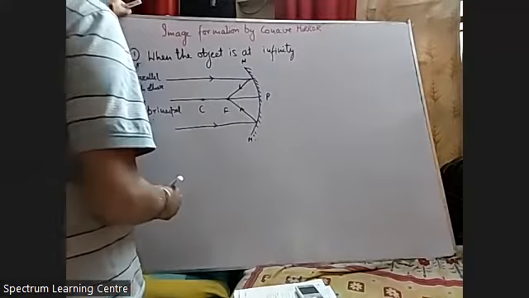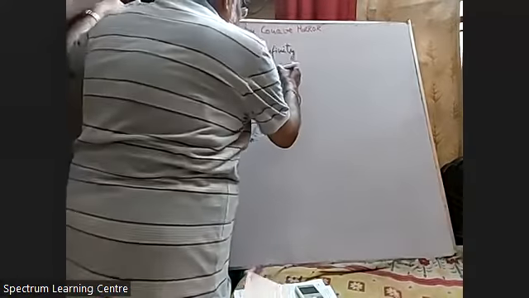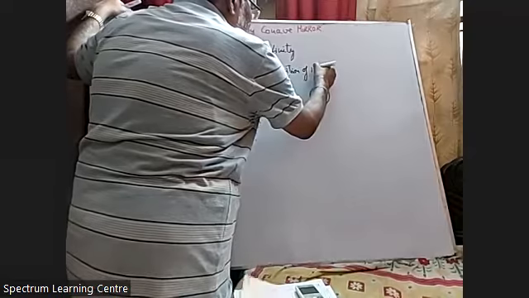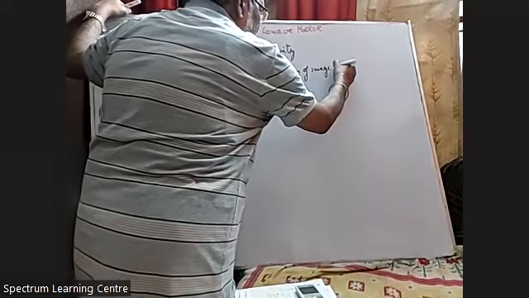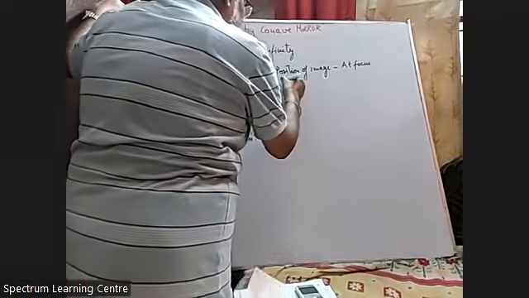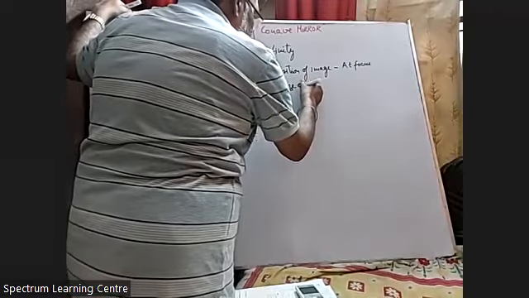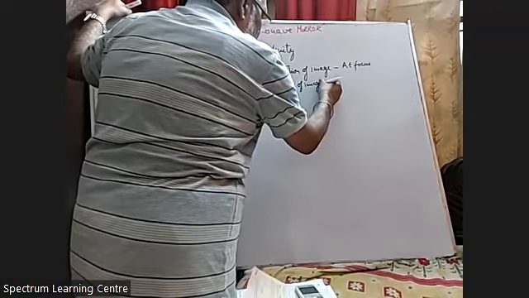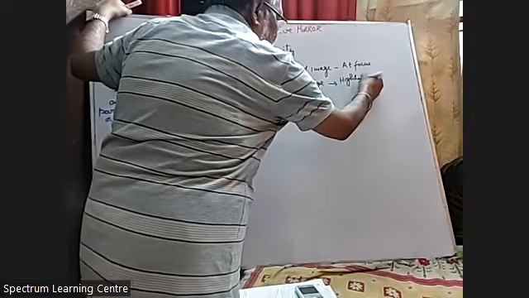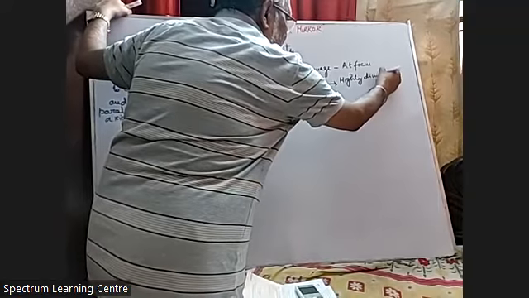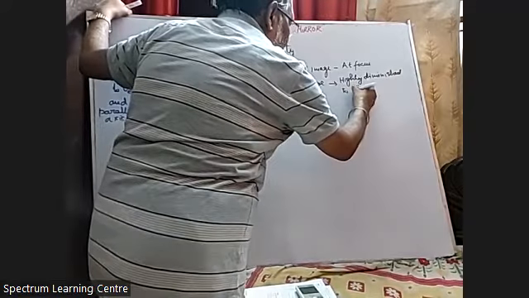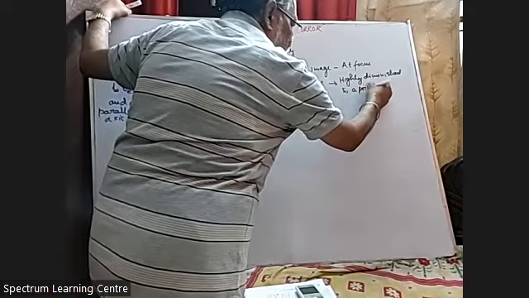Now you can see, position of image: it is at focus. Size of image: highly diminished, to a point size, right?